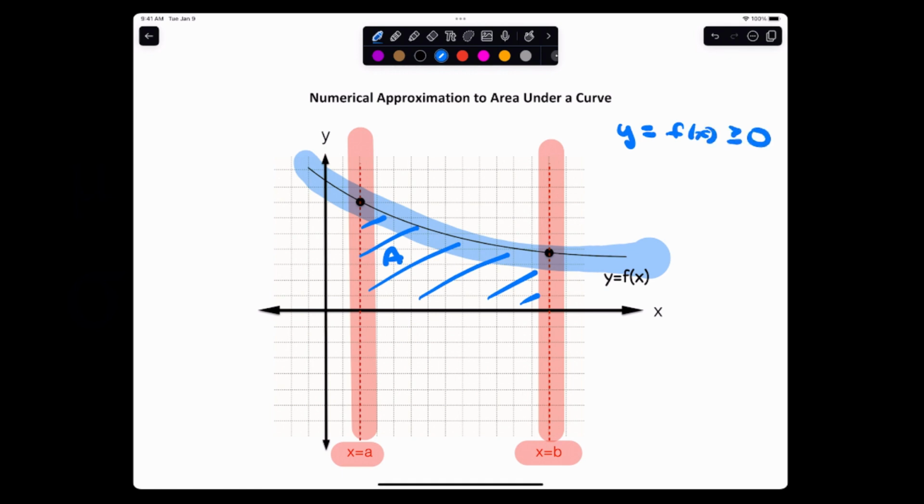It's actually strictly positive in this picture for all x in the interval from A to B here. So you're going to have an interval, always an interval between these two values, A and B. And there's the area.